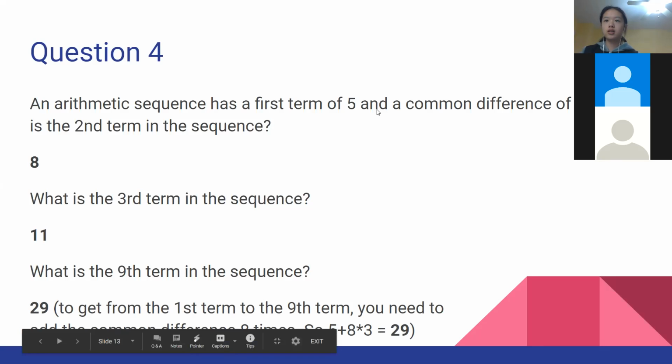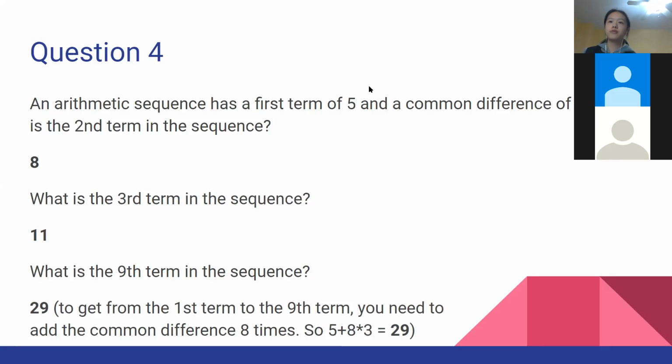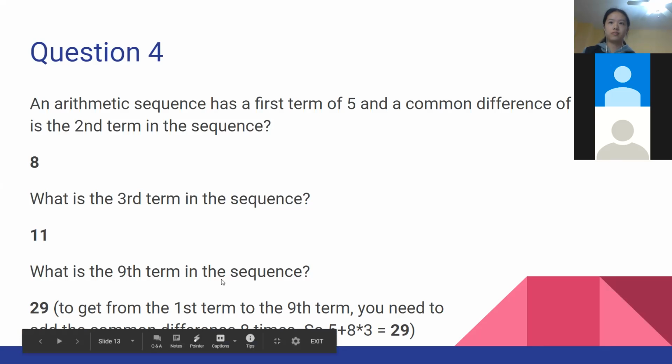So if you're getting the 9th term of a sequence, you can think of the common difference as sort of like the distance between each term. When you're going from the first term to the 9th term, you have to add the common difference 8 times, because we're jumping 8 times.